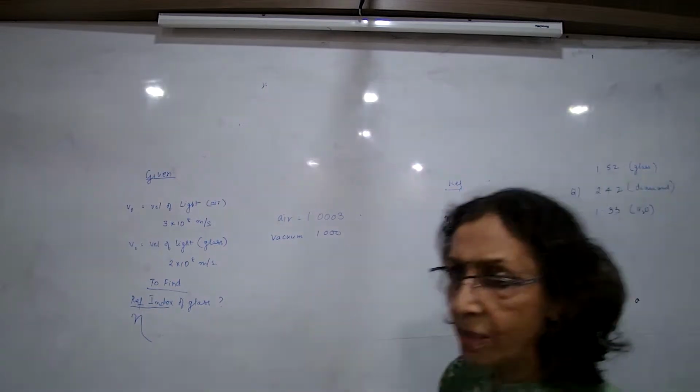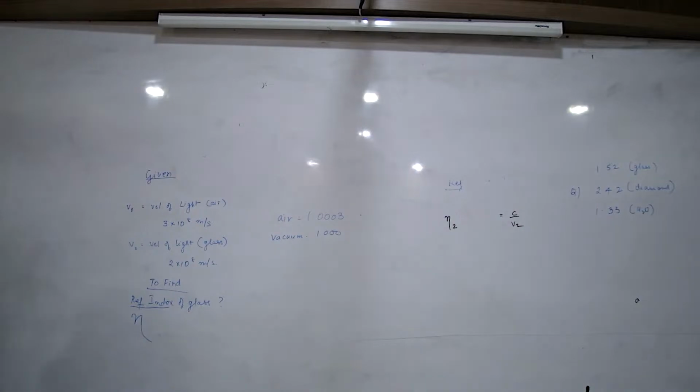Now my question is, arrange these materials in the increasing order of the speed of light. Arrange these 3 in the increasing order of speed of light or velocity of light.